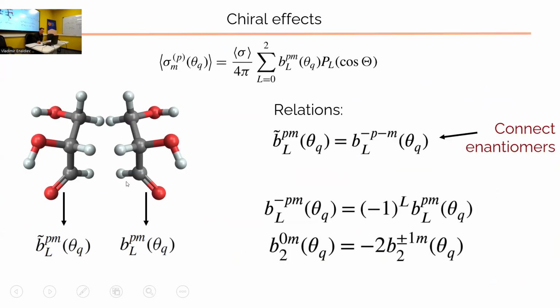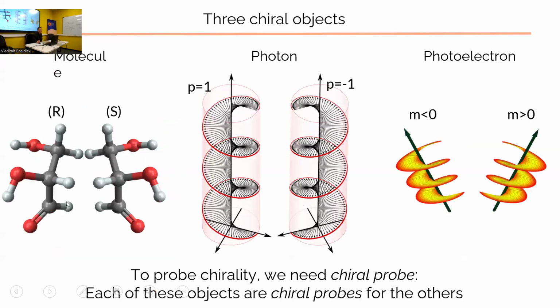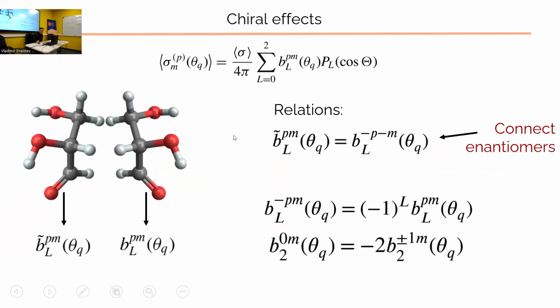If we have some molecule with some coefficients B, then for the mirror copy of this molecule we denote these coefficients as B tilde, and the relation is that B tilde equals B with P minus M. It means that if we change from the molecule to its enantiomer, it's the same as changing the chirality of the photon and the chirality of the photoelectron.